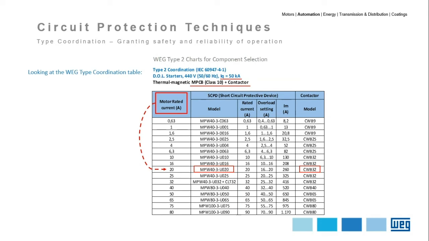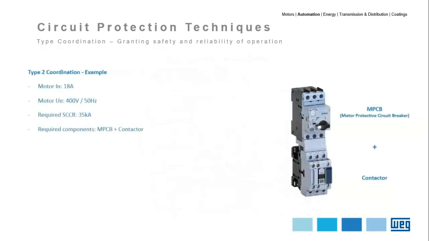That's it, simple like that. Now we know the right references for the protective device and control as well. This combination of components will guarantee a Type 2 coordinated motor circuit, thus also granting safety and service continuity.